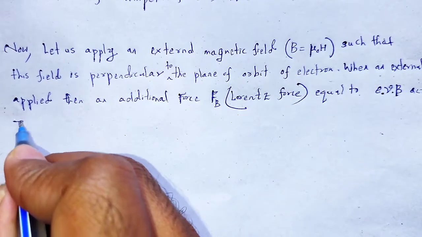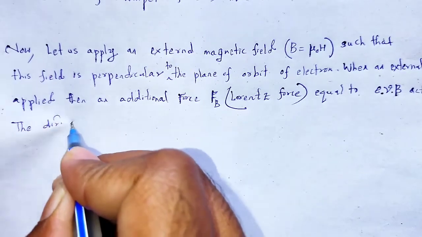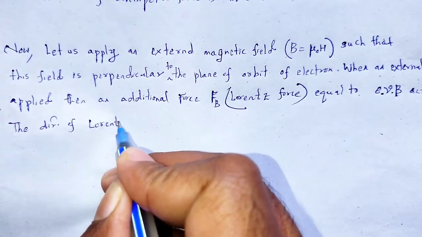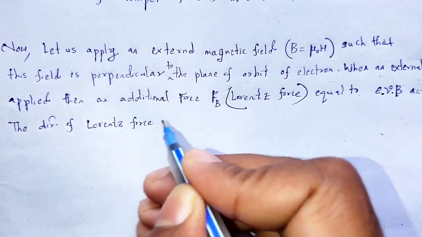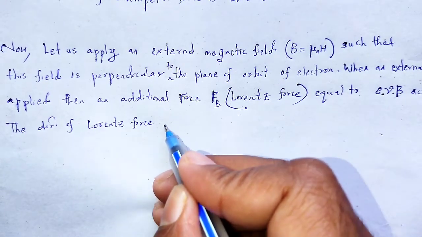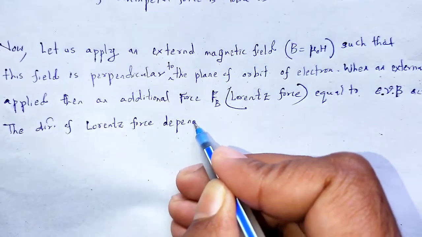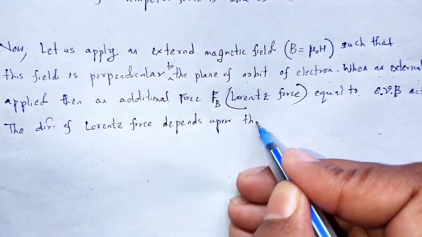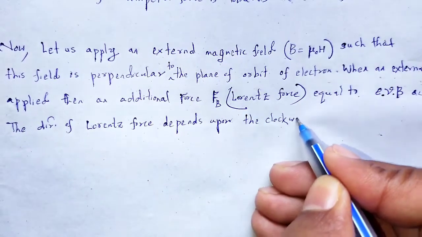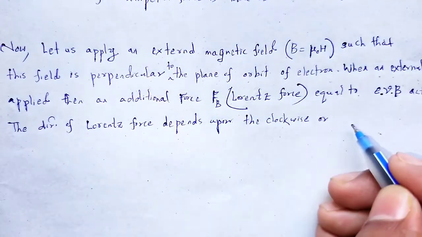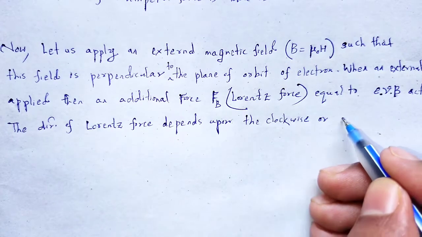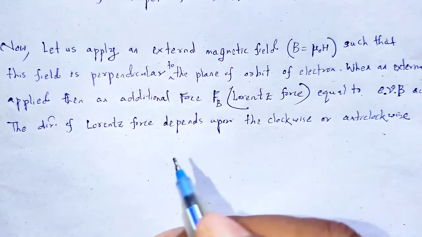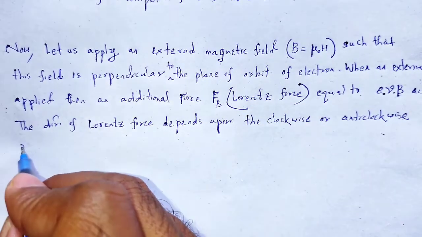And the direction of the Lorentz force depends upon the clockwise or anti-clockwise rotation of the electron.